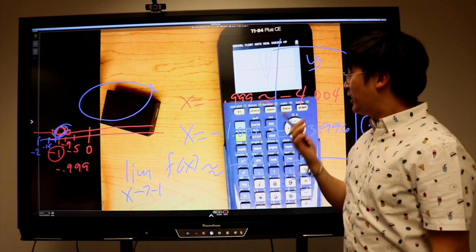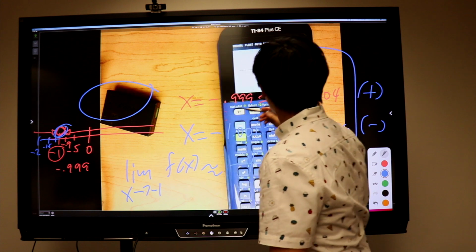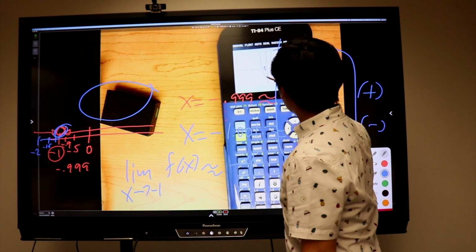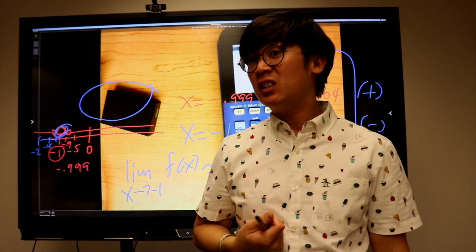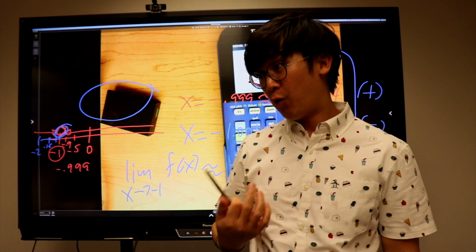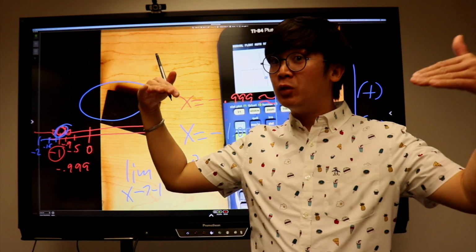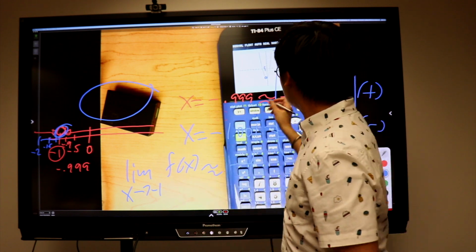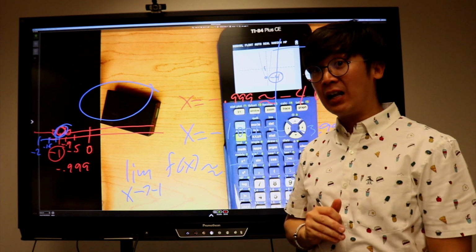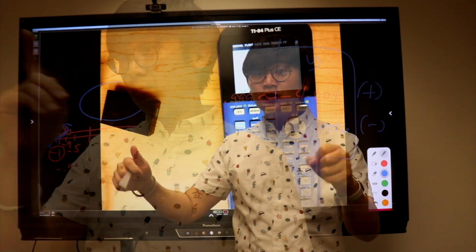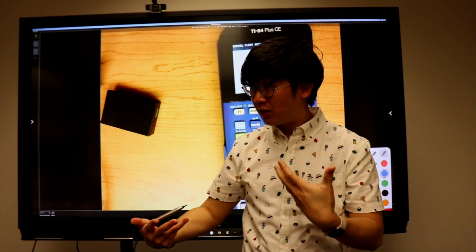Yes. So at x equal to negative 1, there should be a hole there. But your calculator is not showing you a hole, unfortunately. So what we're doing is we're just approximating, but notice that it is approaching a certain value of y, which is negative 4. So do you understand how to use technology and why?